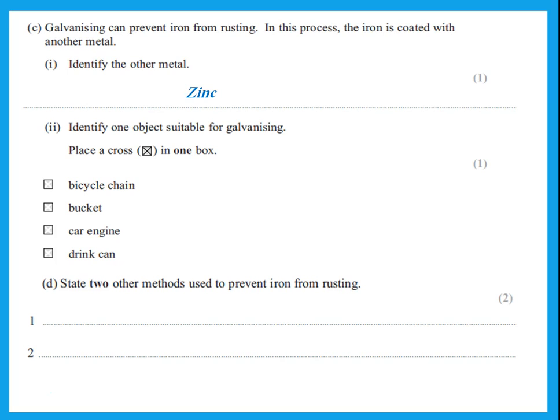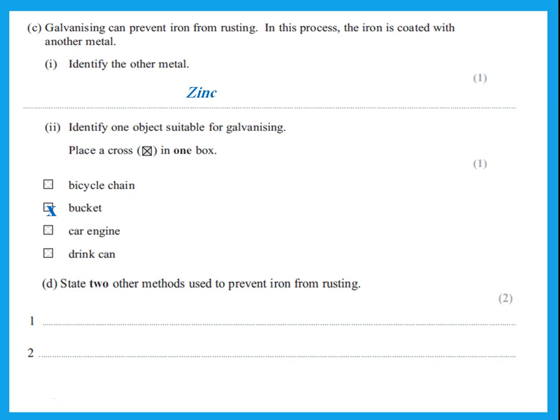It's not a machine. So if I say bicycle chain, do you know what a bicycle chain is? Bicycle chain is the chain on the bicycle. This is something that has friction between metals. Usually the bicycle chain, if I want to prevent it from rusting, I would use oil or grease.